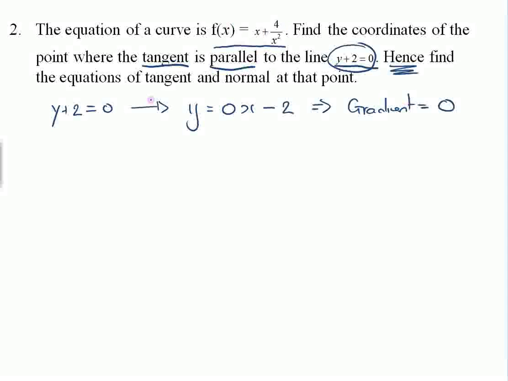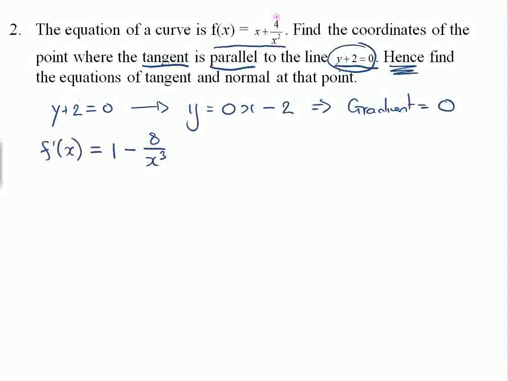What does that mean? Well, I haven't been given a y here, so instead of dy/dx I'm going to use another notation, f'(x). But it's the same thing. I'm going to find the derivative of this function, which is 1 minus 8 over x cubed.